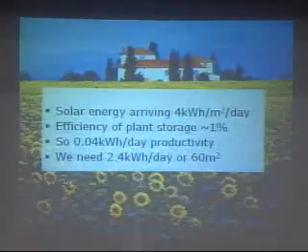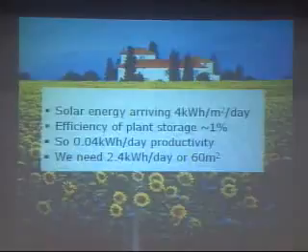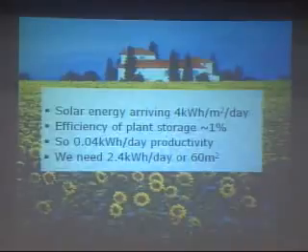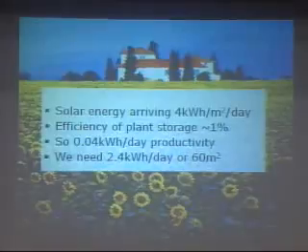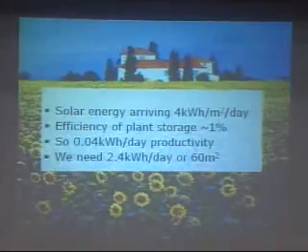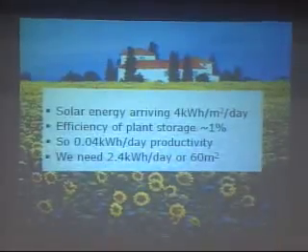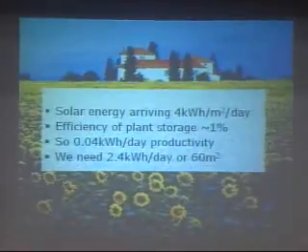If all that energy was captured by plants, and plants are less than 1% efficient at converting the solar energy to energy that we can use as food, then equivalently, each square metre of land produces about 0.04 kilowatt hours every day of productive plant output.